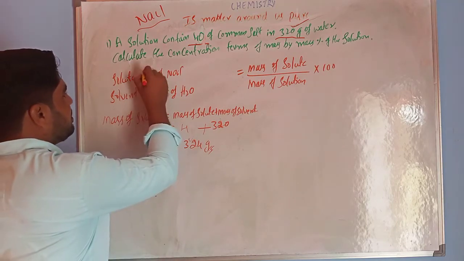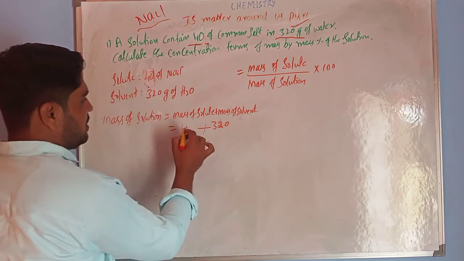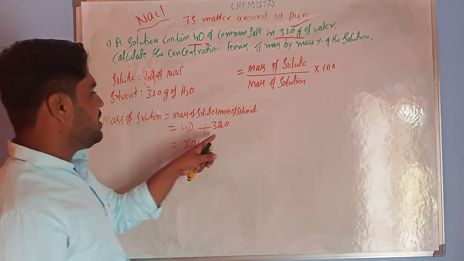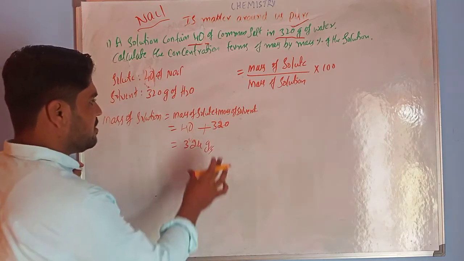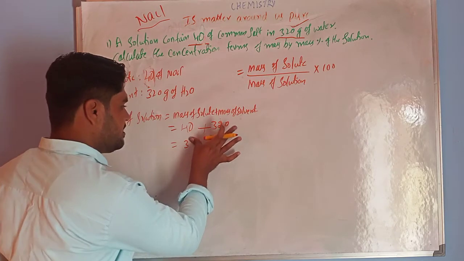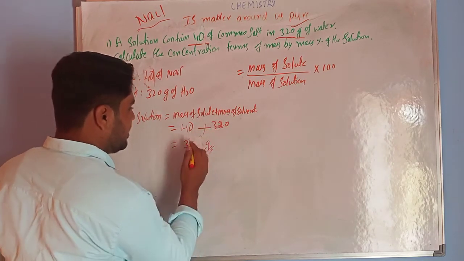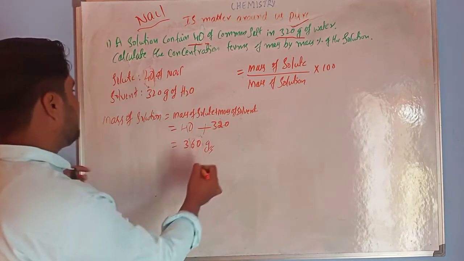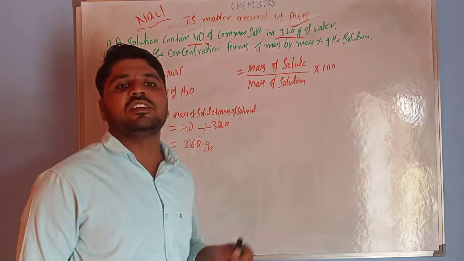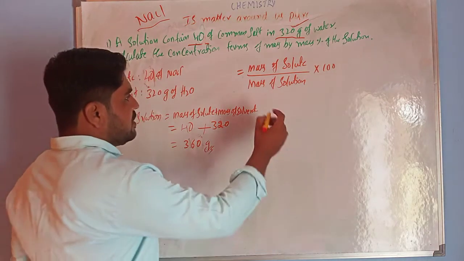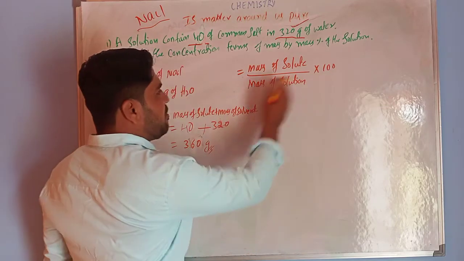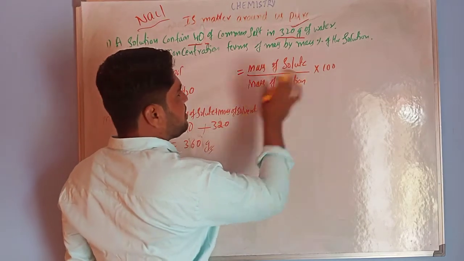Mass of solute 40 grams, plus 320, that is 360 grams of solution. Just apply the values to the formula.